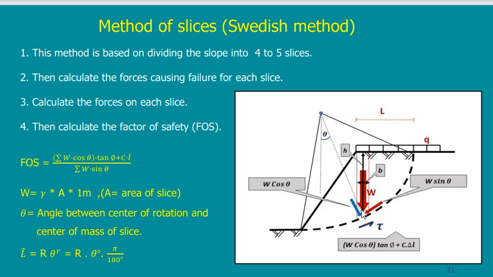Instead of studying all of this portion, they said we are going to divide it into small slices. That's why it's called the method of slices. So I will study the stability of this slice. This slice has its own weight, and this weight has two components: one component driving the soil below, and one component vertical on the soil.